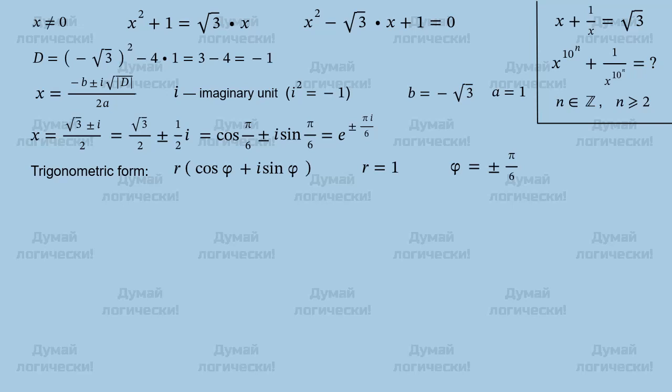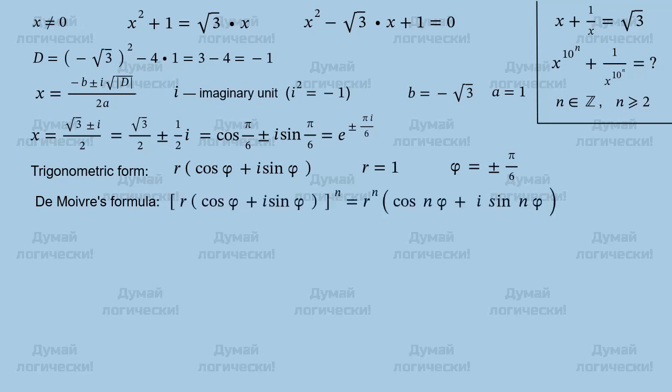There is a convenient de Moivre's formula for raising a complex number expressed in trigonometric form into a power. According to this formula, the module is raised into the corresponding power, while the argument is multiplied by the power. Given that the module is 1, we don't need to worry about the module, only multiply the argument plus minus pi over 6 by the power.